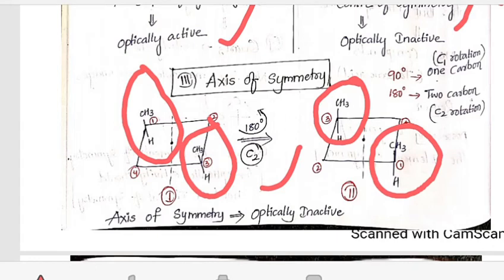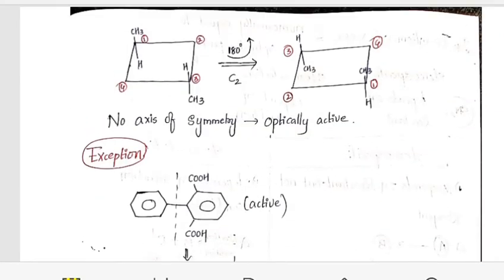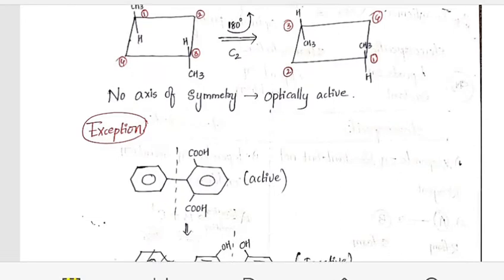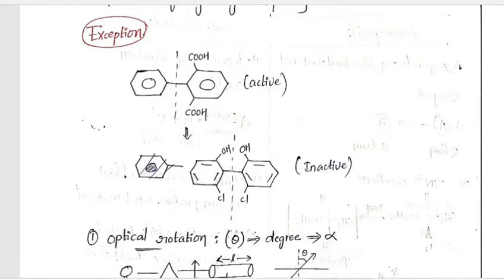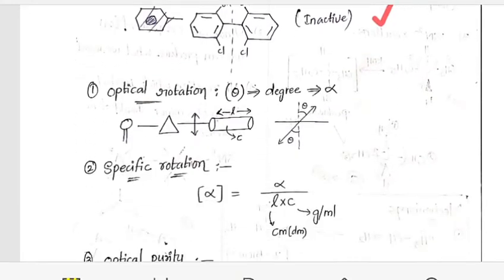Here with an axis of symmetry they are optically inactive. No axis of symmetry will give you an optically active compound. The exception is, if you see here, one compound is active and another compound is inactive, I showed in the diagram.